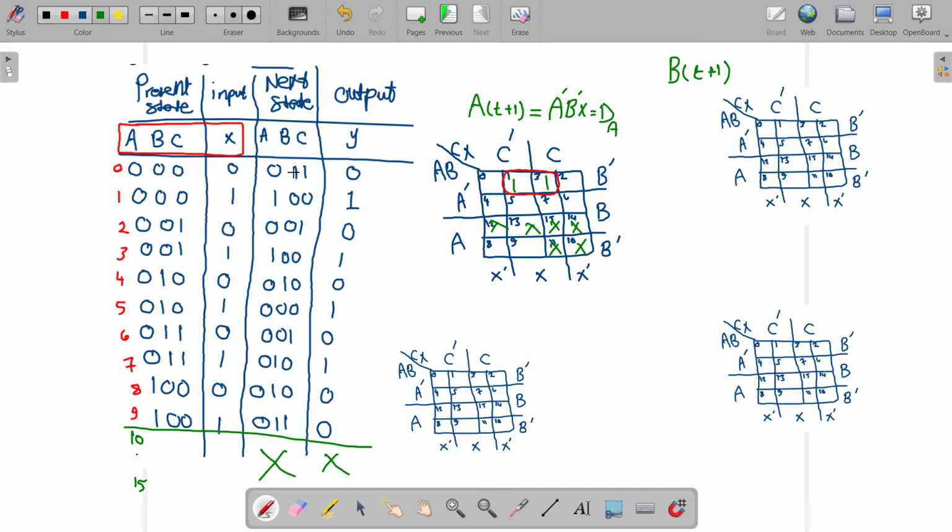So we look at this column, we have 0 as 1, then we have 4 as 1, then we have 7 as 1, and 8 and 9 as 1. The rest will be don't care.